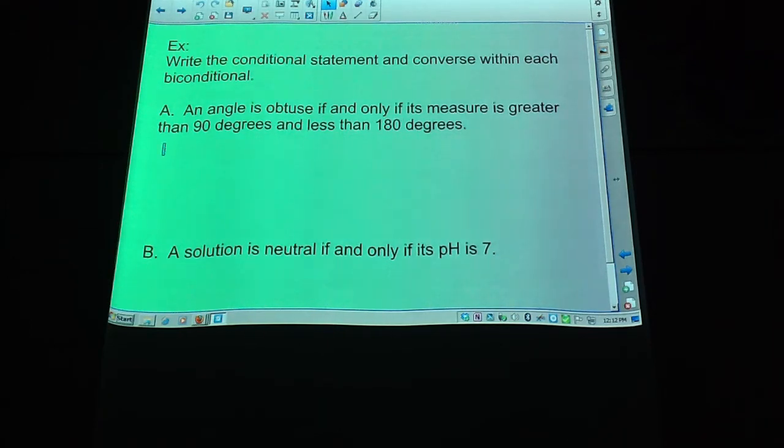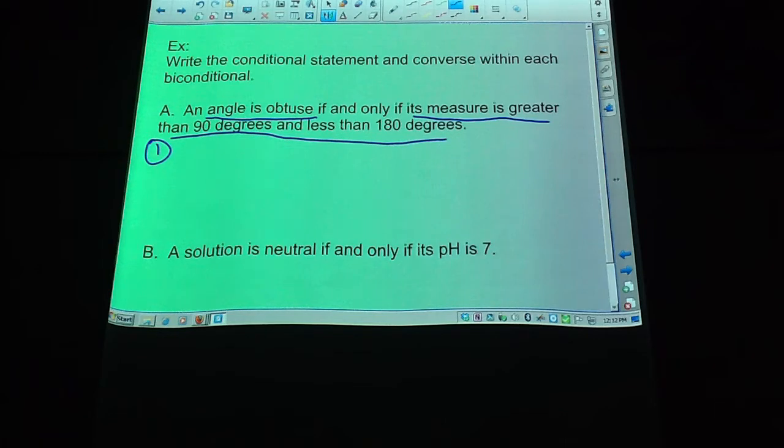So the first thing that we want to do is we want to write the conditional statement. So notice we've got that for kind of P, and this big long thing here would kind of be our Q. So there's our P and there's our Q.